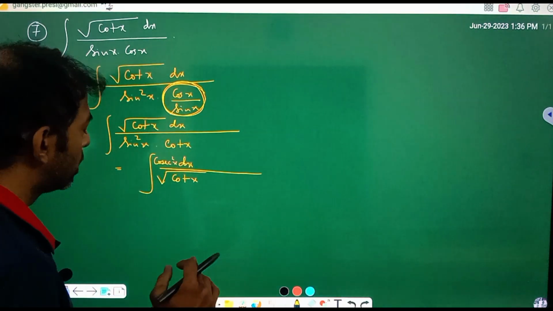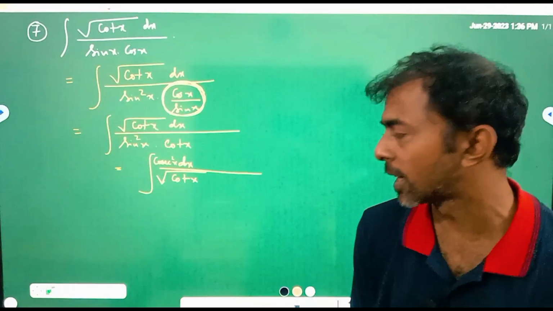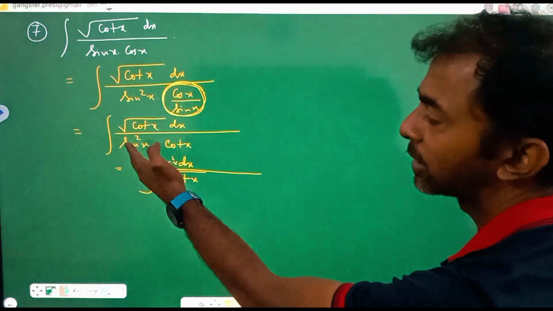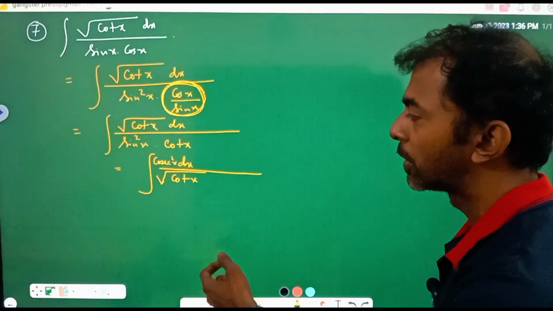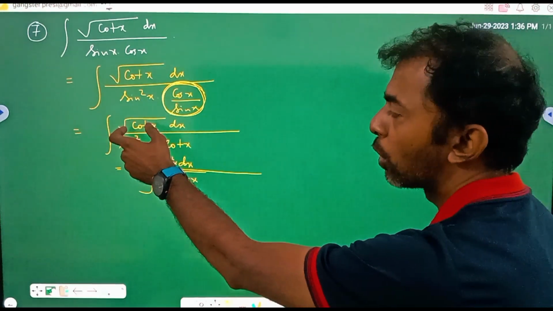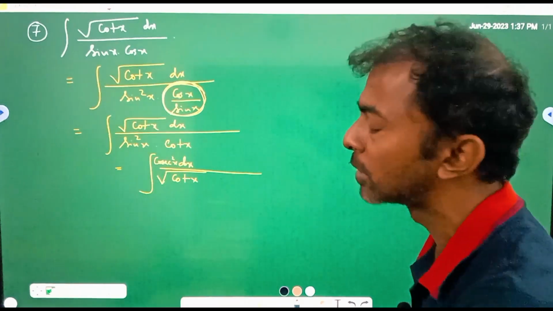Because reciprocal of sin x is always cosec x. So we're having 1 by sin square x, that will be cosec square x dx, and the denominator part is root under cot x.